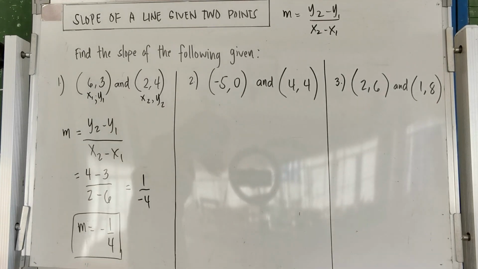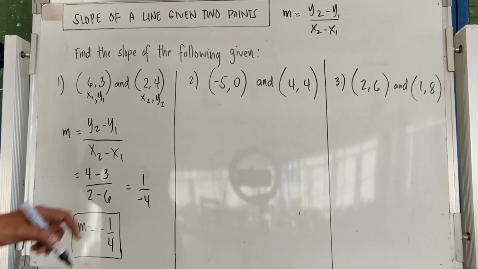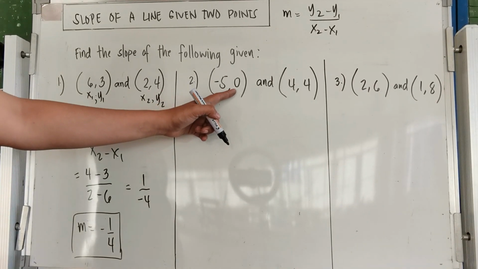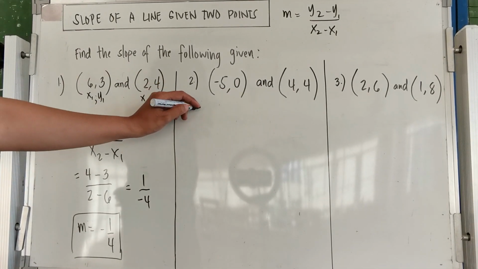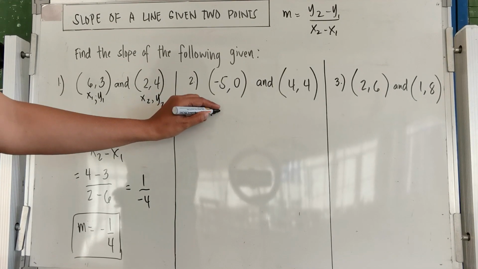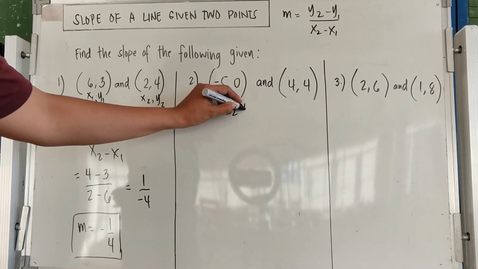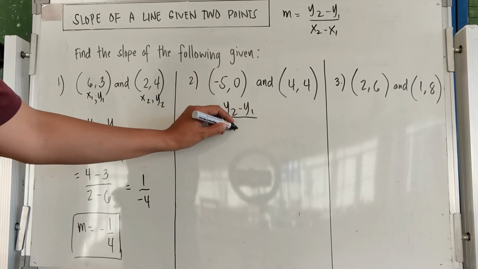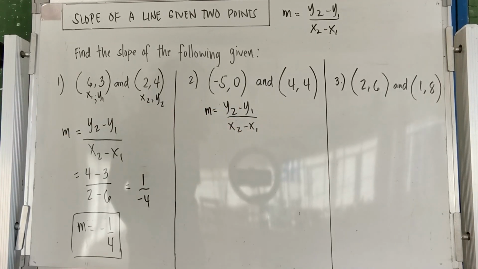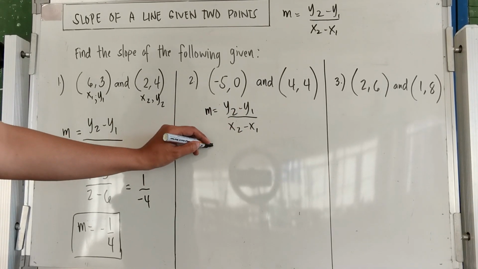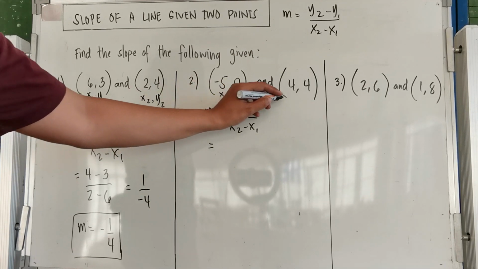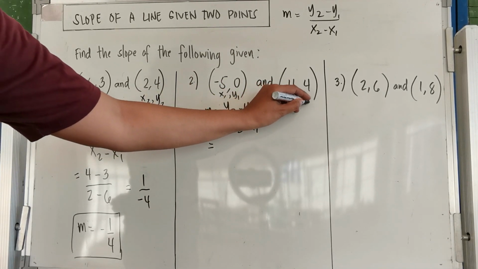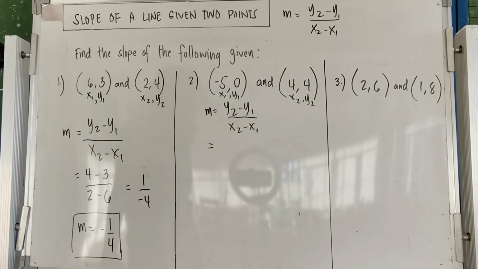Okay, next. For our number 2 given, we have negative 5, 0, and 4, 4. So, given the formula, ulitin-ulit natin para makabisado nyo. Y sub 2 minus y sub 1 over x sub 2 minus x sub 1. We have x sub 1, y sub 1, x sub 2, y sub 2.